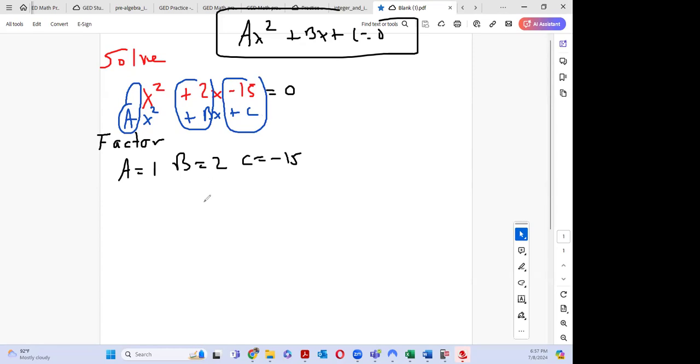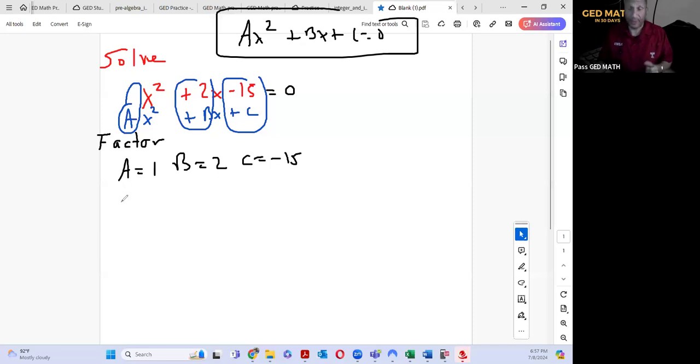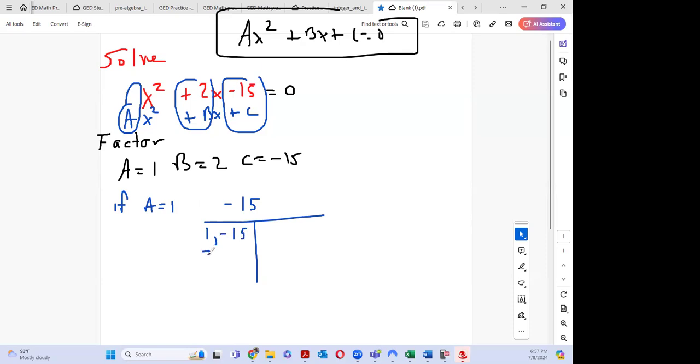Okay. Now, the next thing we're going to do, if a is equal to 1, we're going to factor. We're going to find the factor pairs of negative 15. What two numbers can we multiply together to get negative 15? 1 times negative 15, 3 times negative 5.